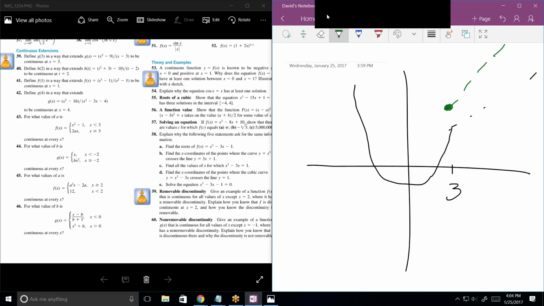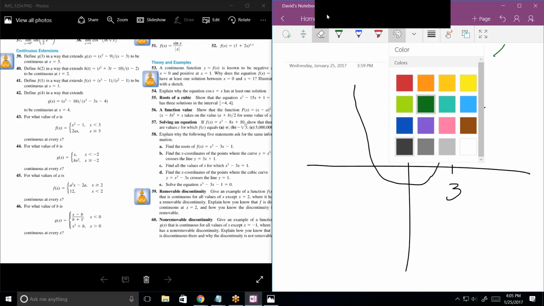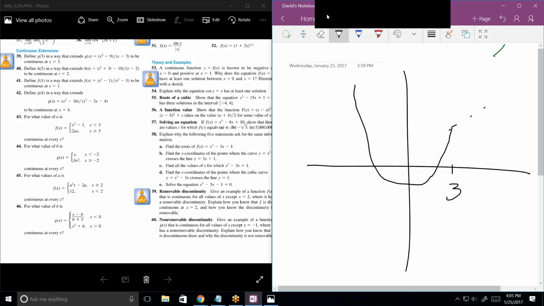No, it wouldn't. Yes. Okay. So what they're saying is what value of a makes the first function lie on the same point that that does. In other words, that's a closed dot there. So if that was our picture, we'd have a continuous function.